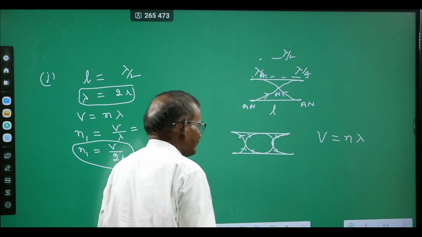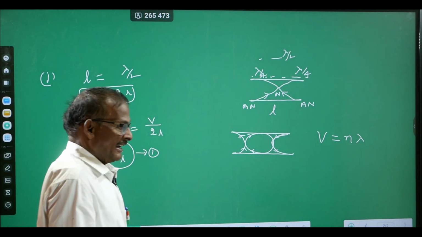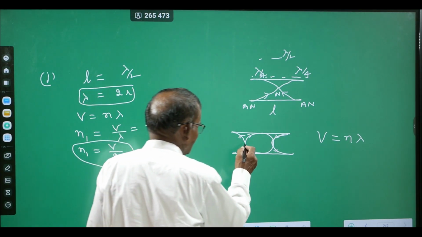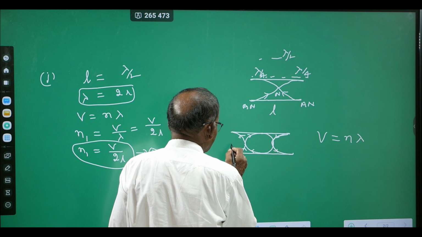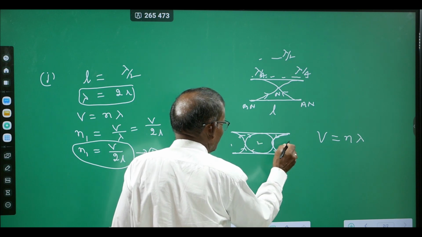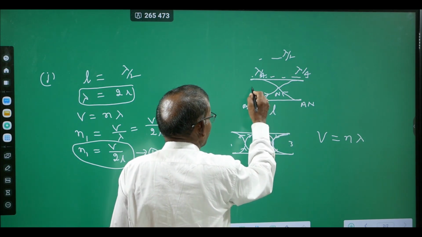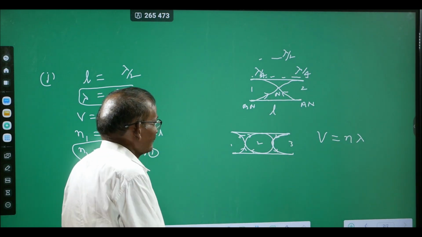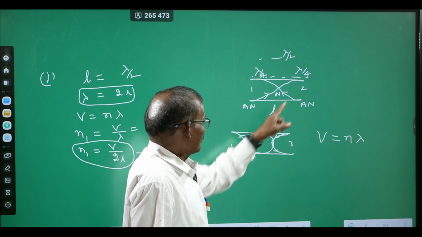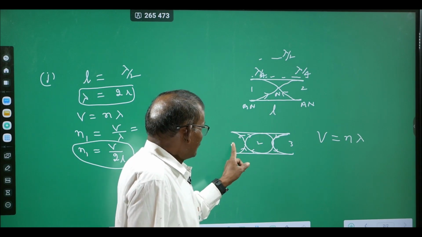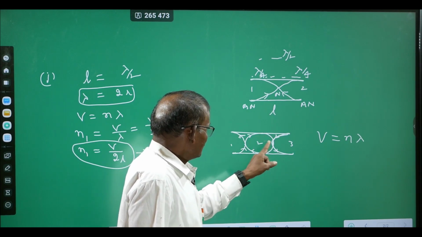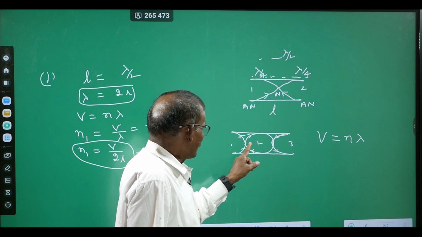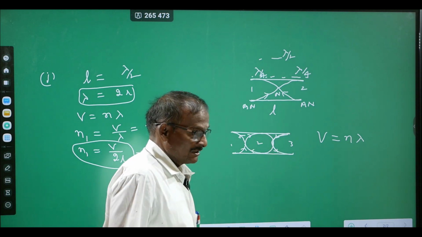Here, how many nodes and how many antinodes are formed? Here, 2 nodes and 3 antinodes. 1, 2, 3 antinodes are forming.